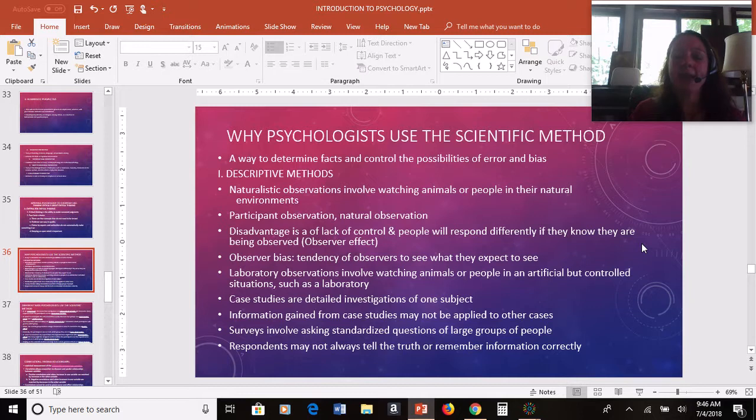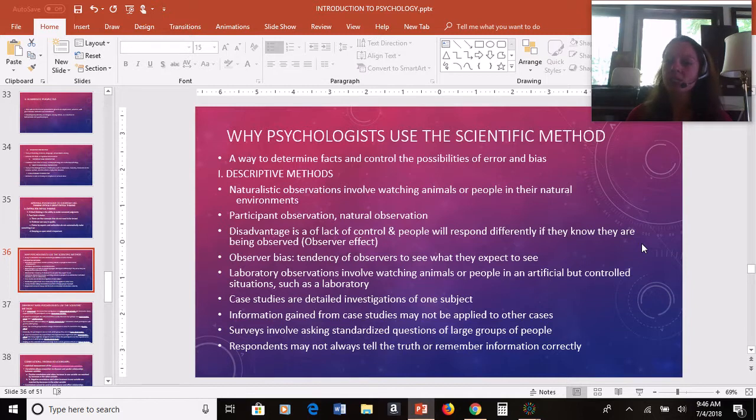And so ways that we go about using the scientific method really just come down to experiments and observations. And so we call those descriptive types of applications of the scientific method.